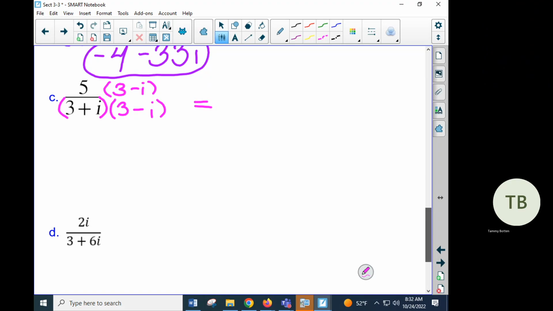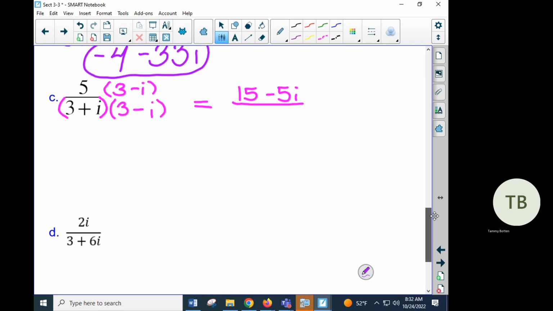All right, 5 times 3 is 15. I'm just kind of distributing this 5, and 5 times a negative i is minus 5i. Then I would FOIL here, sorry.